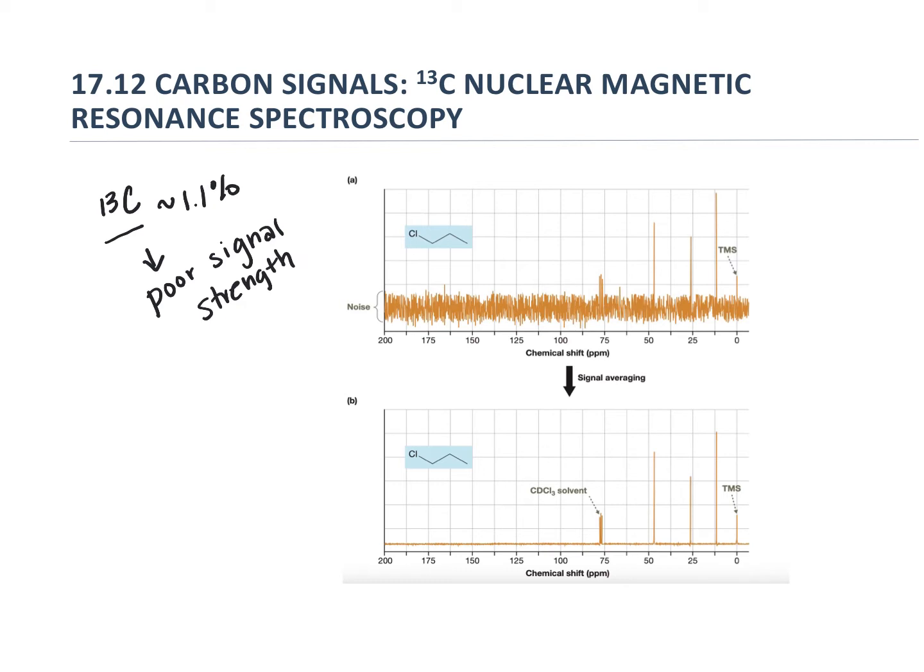And so many times we can get a lot of really noisy spectra, like what we see here in figure 17.36A. This is a spectra of 1-chloropropane.